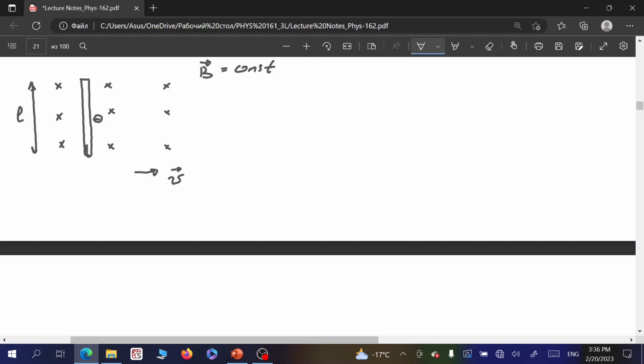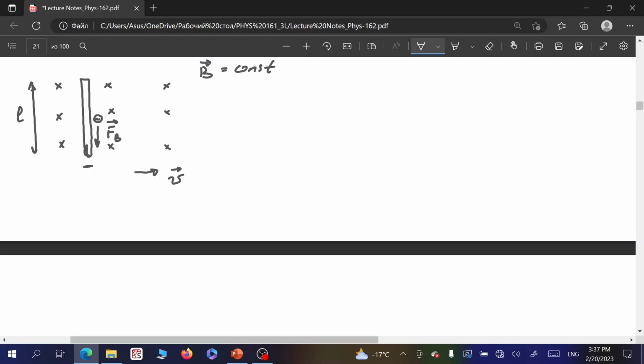There will be some magnetic force pushing them to one of the edges of the conductor. So this will be FB, and as a result, we will build up some uncompensated negative space charge at the edge of the straight conductor, in the bottom edge.